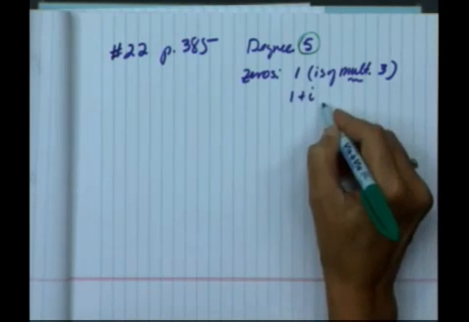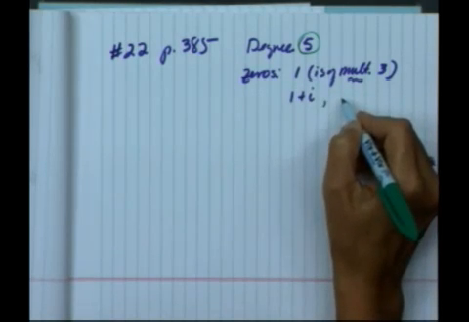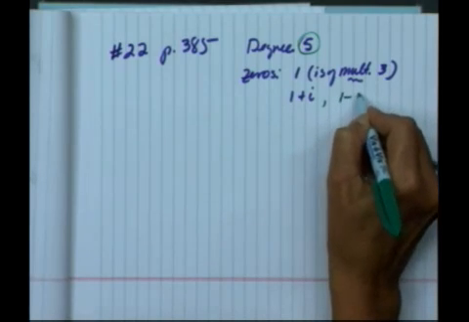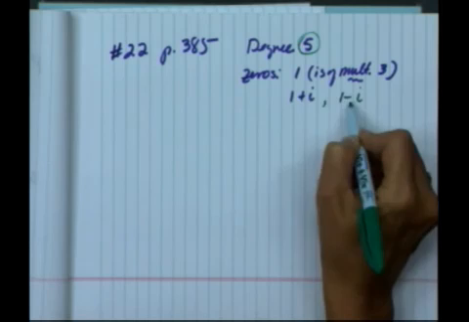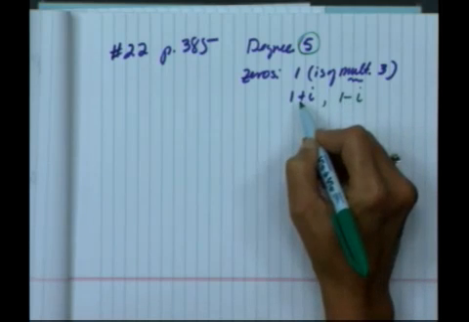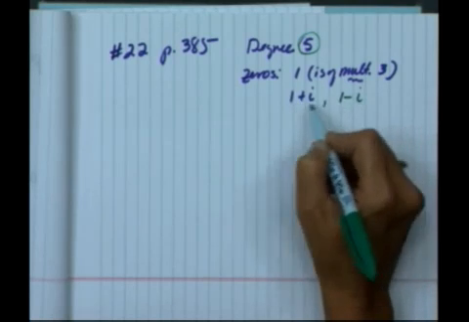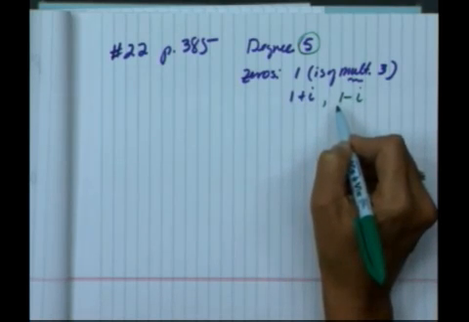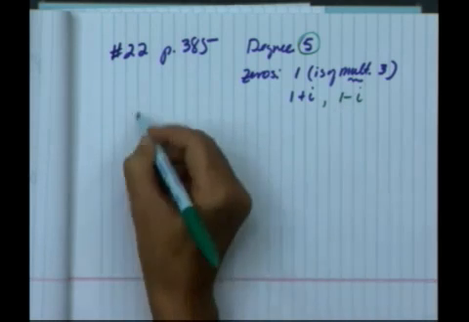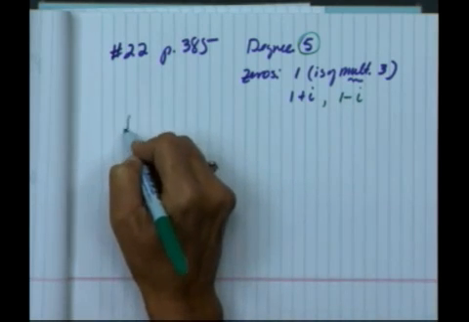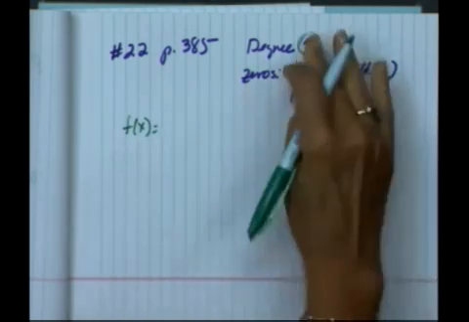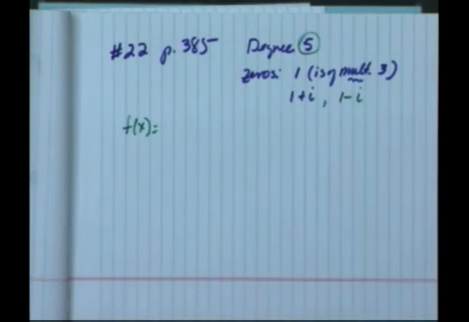I need a 5th zero. You quickly tell me what it is. 1 minus i, because complex conjugates always occur in pairs as zeros. Everybody got it? All right, so you work ahead of me. I want you to write the polynomial function with degree 5 and those zeros.